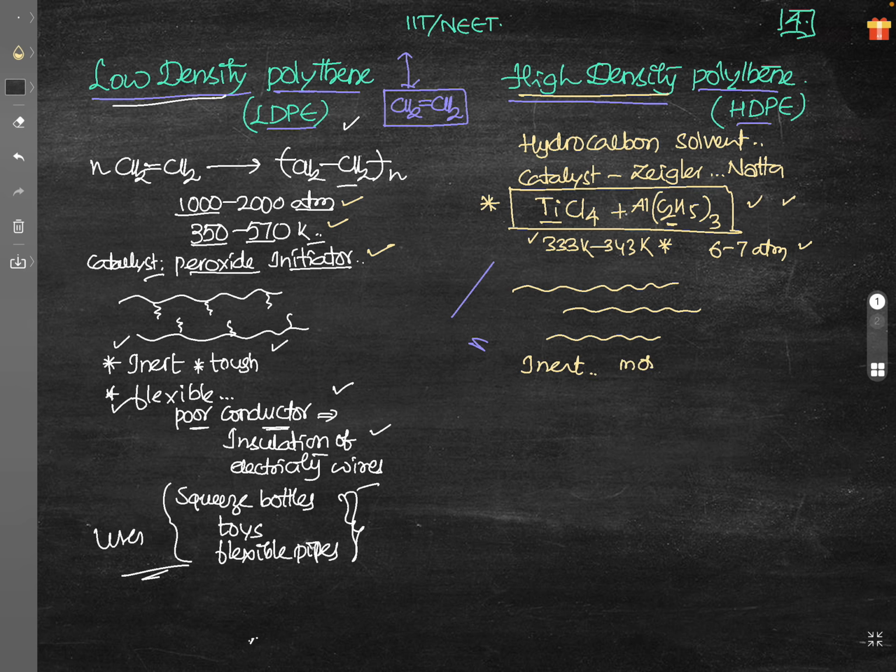And when you compare with the low density polythene, high density means it is definitely more tough and more hard. It is used in the preparation of buckets, bottles, pipes, and NCERT example is dustbins also.